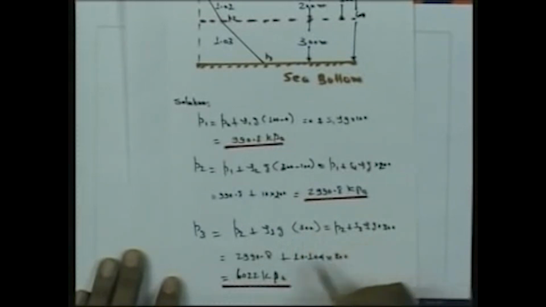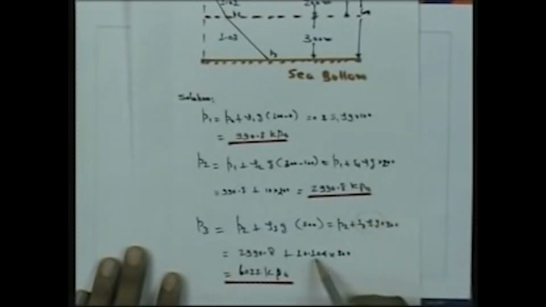So, that is equal to the previous P2 we have already determined as 2990.8, plus this value, 10.104 into 300. So, that gives 6022 kilopascal.